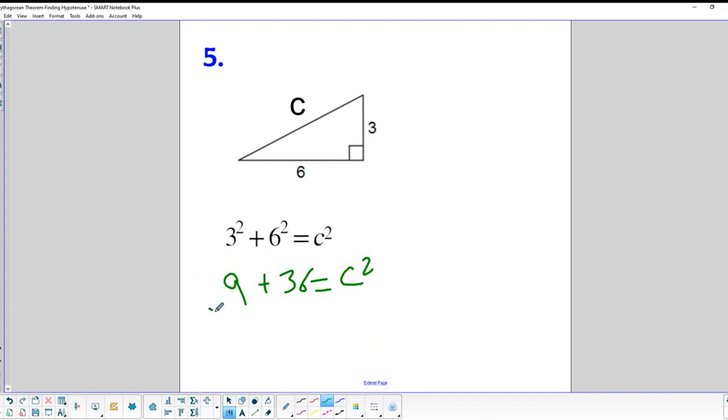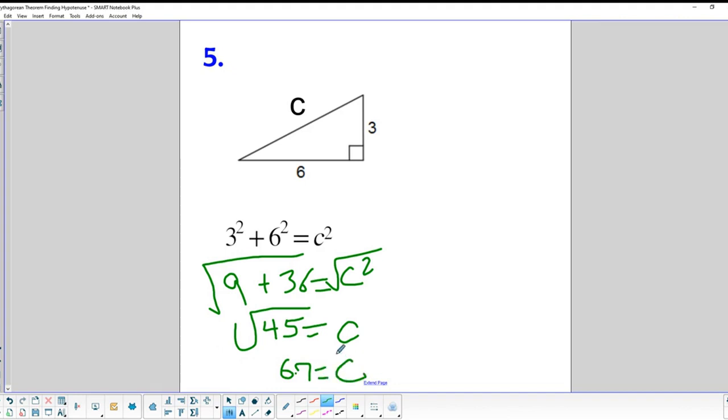Then when you take the square root of both sides, you end up with c equals the square root of 45. Square root of 45 on our calculator is 6.7 if you round it to the nearest tenth.